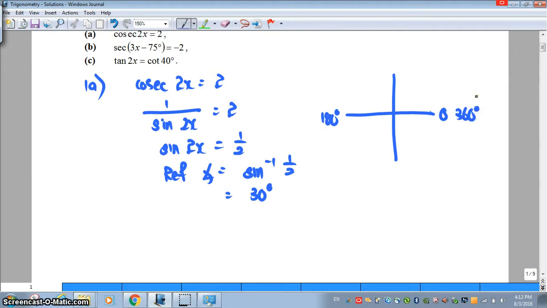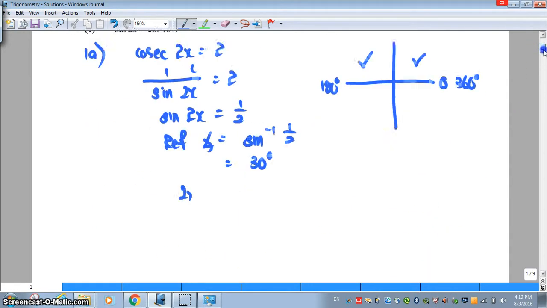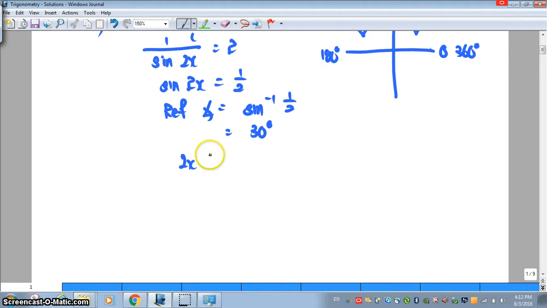One important thing that you need to take note is, since sine is positive, it must lie in the first and second quadrant. If it lies in the first quadrant, in this case, 2x would be 0 plus 30. Likewise, if it's in the second quadrant, it must be 180 minus 30, which will allow you to get 150.